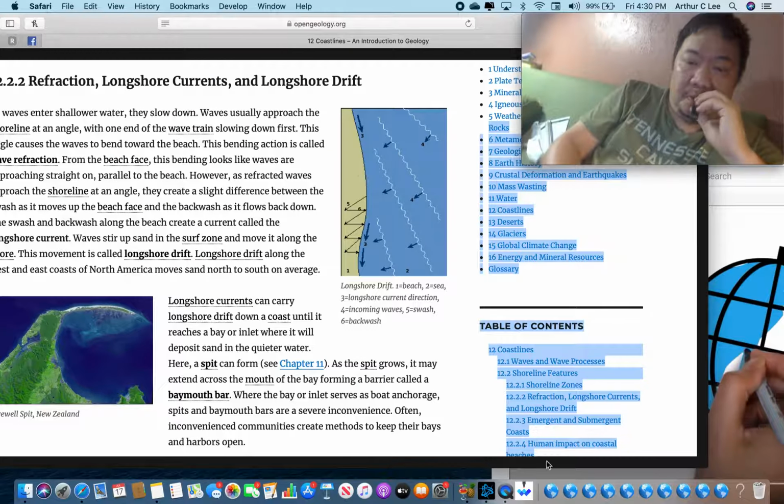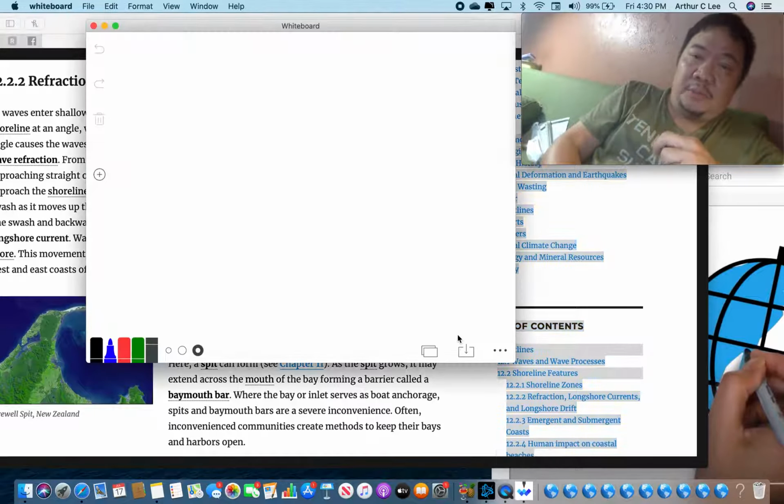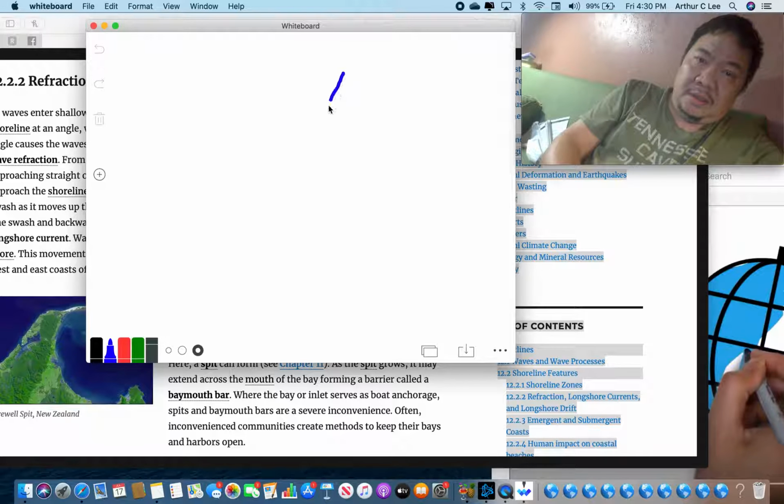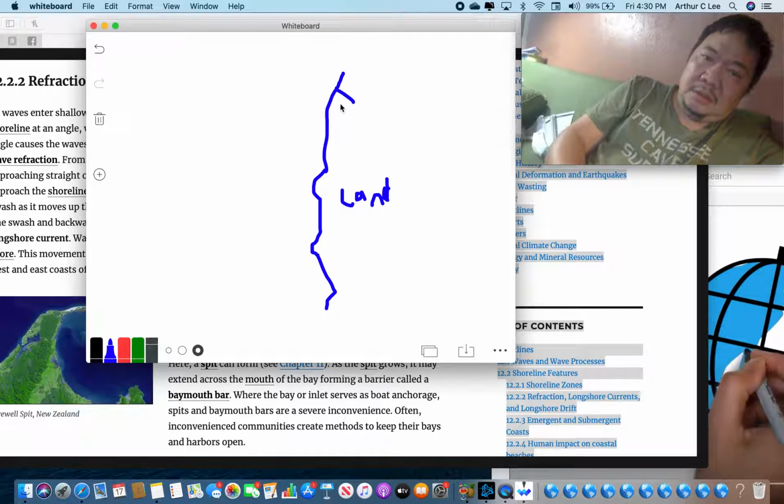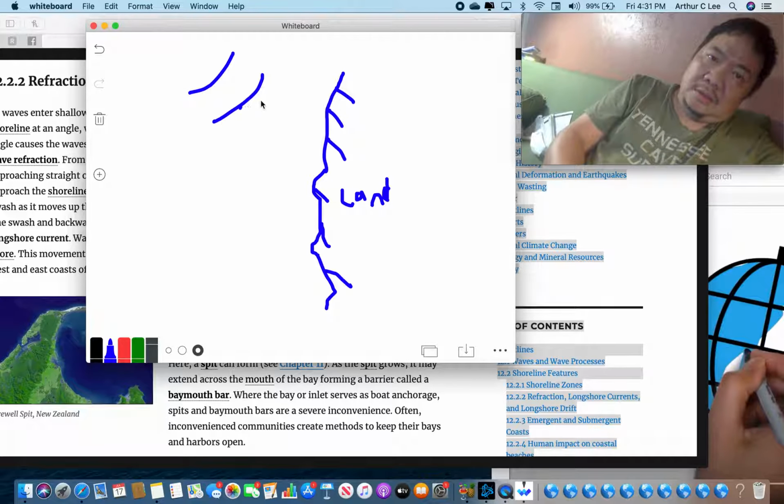And this is a real picture here. This is the Southern California coastline. The winds blow in from the northwest. So here's your wave crest. Which way do you think the longshore current is going to go?